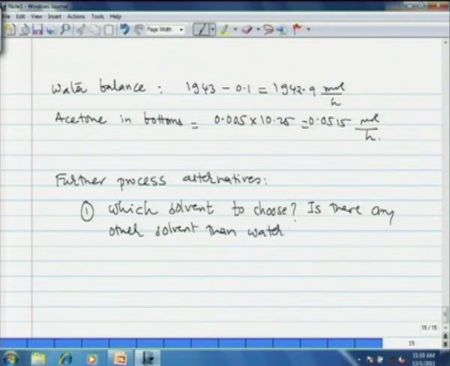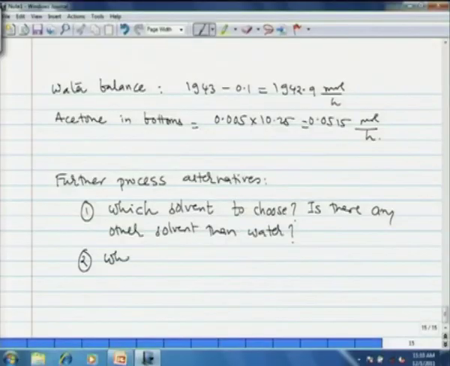We have done calculations using water as a solvent, but is there any other alternative for this particular process, and what is the economic impact of the choice of other solvent?